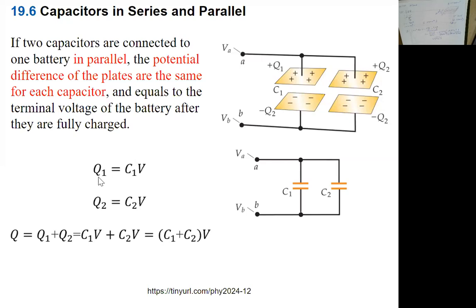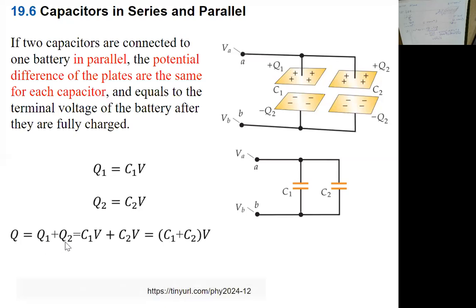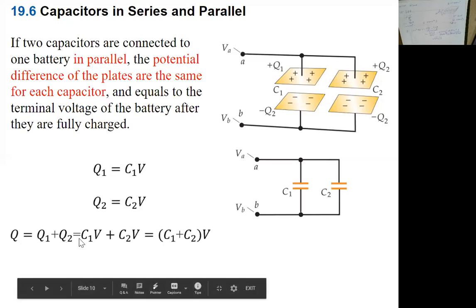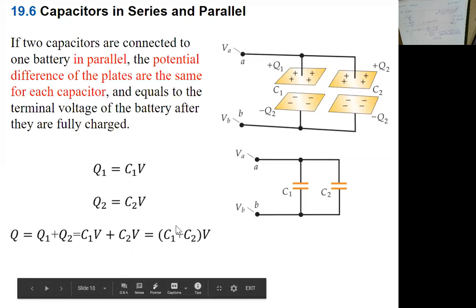For the total charge stored on the two capacitors combined, you can add them up: total Q equals Q1 plus Q2 equals C1V plus C2V. The V's are the same, so you can single out the V: C1 plus C2 times V.